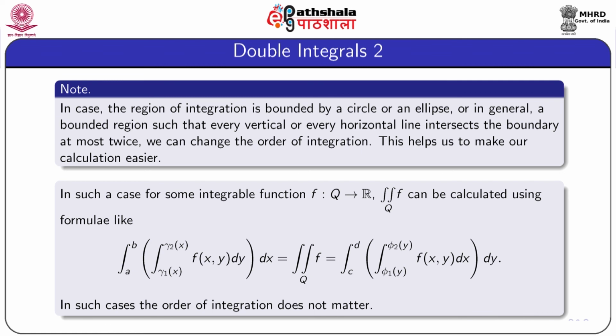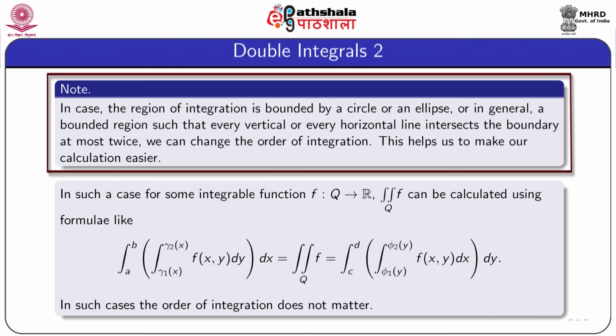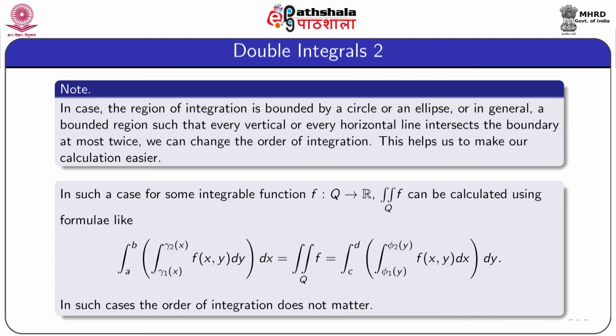One remark here: in case the region of integration is bounded by a circle or an ellipse, or in general a bounded region such that every vertical or every horizontal line intersects the boundary at most twice, we can change the order of integration. This helps us to make our calculation easier.